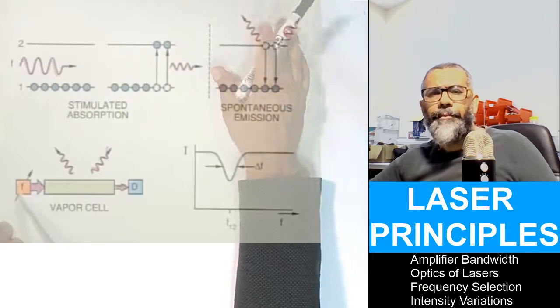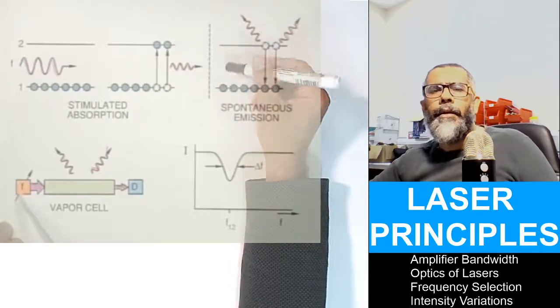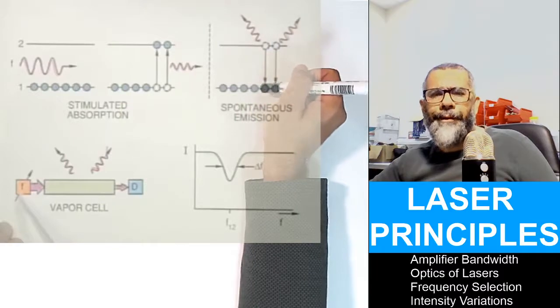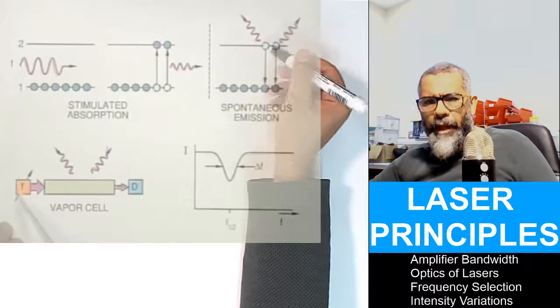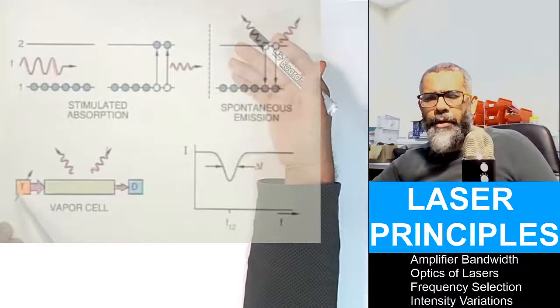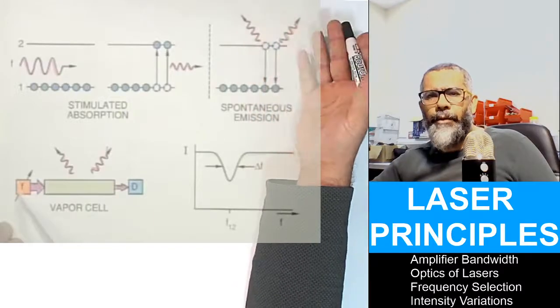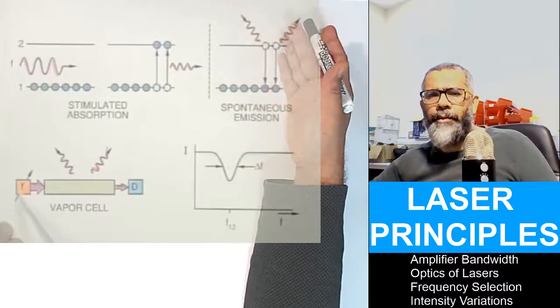We usually call this type of process emission, because electrons, or atoms, are emitting photons.